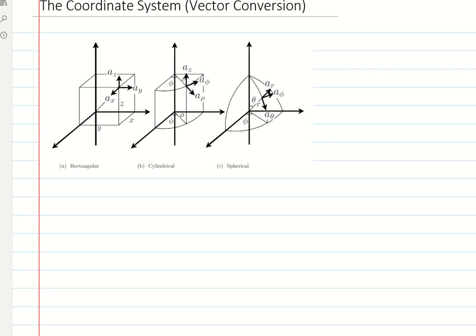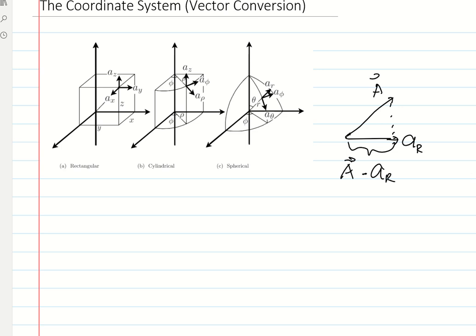concept of the dot product. If you remember the dot product, when you have a vector A and you want to determine the dot product, it's just the projection of this into this direction. If you want this to be AR, then this projection is the dot product of A and that direction AR.